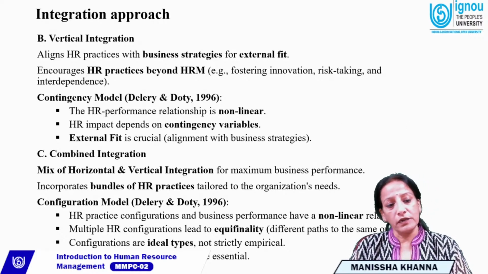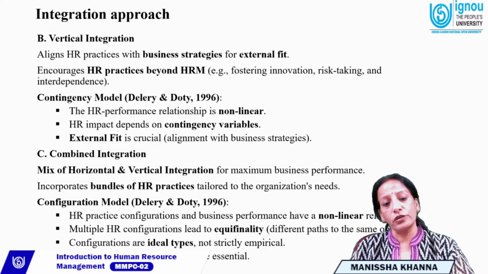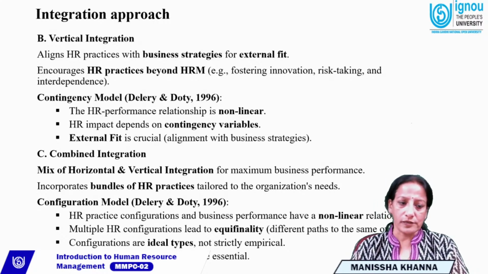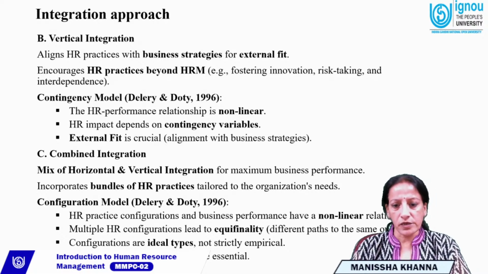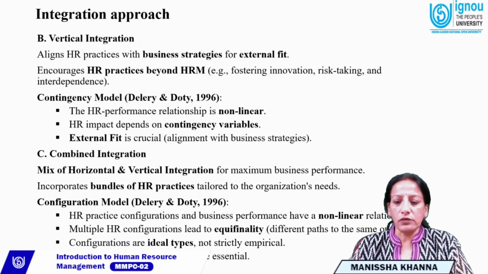Then it is combined integration, where it is a mix of horizontal and vertical integration for maximum business performance, which not only incorporates the bundles of HR practices, but also relates and integrates with the organizational needs or the policies.